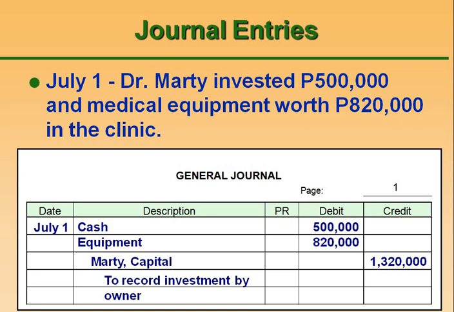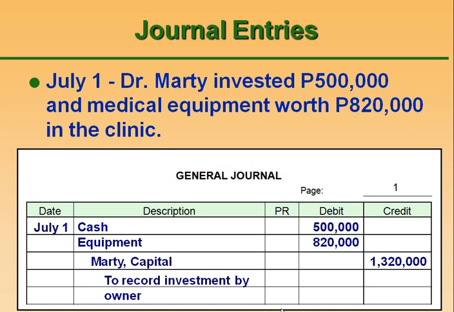Posting reference. We only fill up this PR column when we go to the second phase of the accounting process, the posting or classifying. Since we are still in the first phase, which is journalizing, and we are not yet in the posting procedure, then we don't fill up the PR column yet here on our journal.